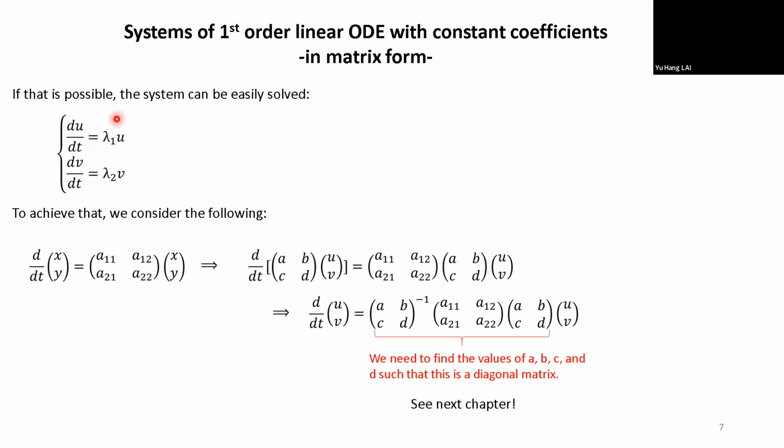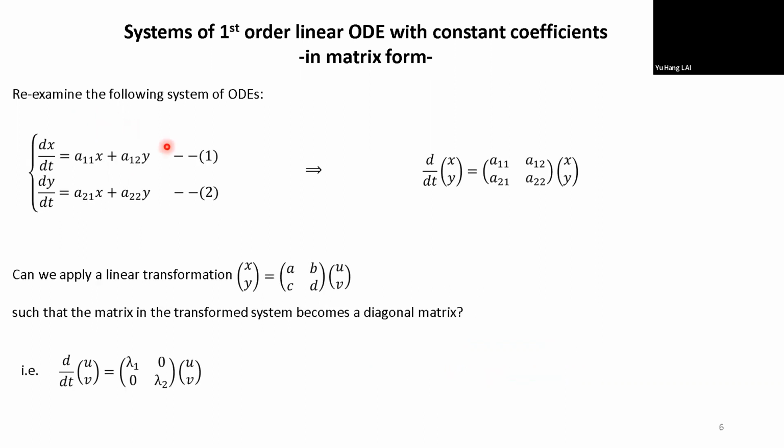We can solve this immediately because u and v are not related. Then you can solve for u as a function of t, and v as a function of t, and then transform back to x and y. That is also easy, just multiply by the inverse matrix.